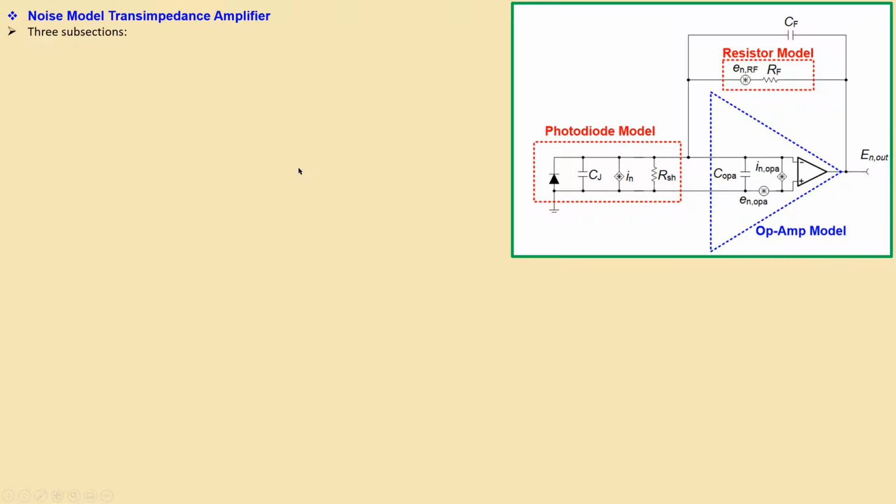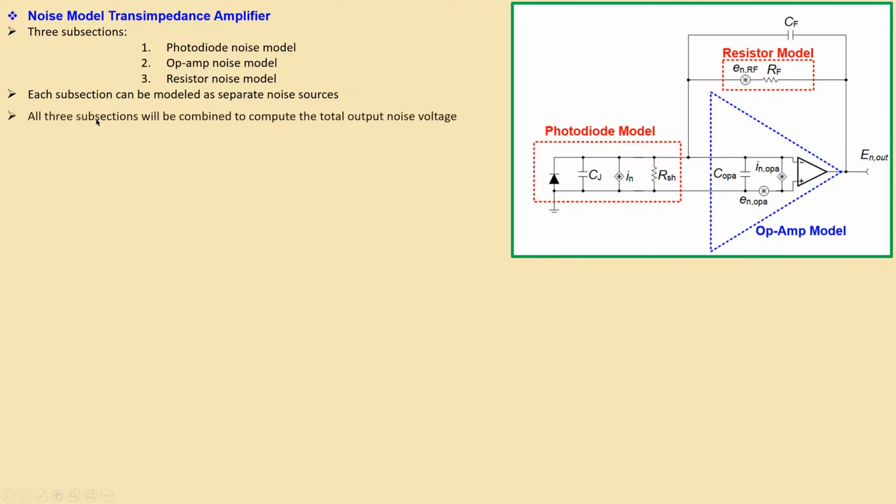So we have three subsections: photodiode, op-amp, and also the resistor. Each subsection will be modeled using separate noise sources. Now all three subsections will be combined to compute a total output noise voltage.